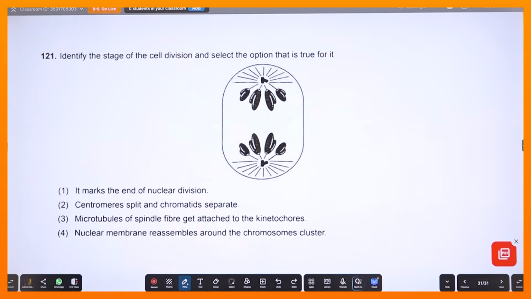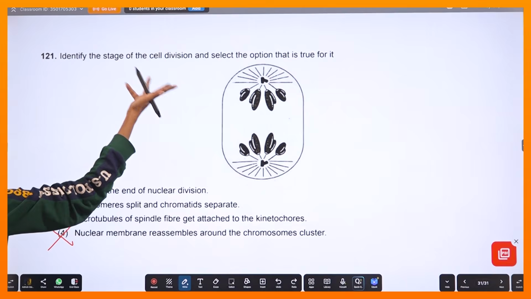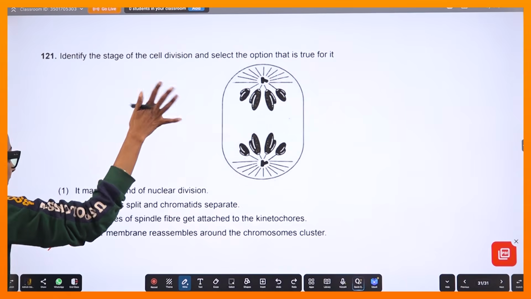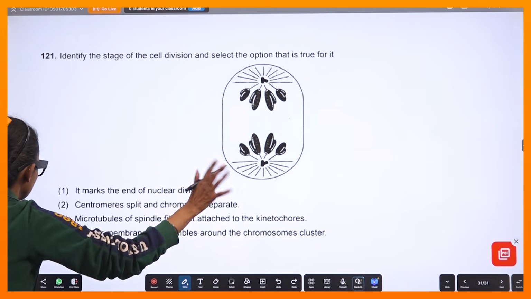Identify the stage and select the option which is true for it. It marks the end of the nuclear division. The centromere splits and chromatids separate. Nuclear membrane reassembles. False. Where do you see the nuclear membrane coming out? It is not coming out. Microtubule fibers get attached to kinetochores.